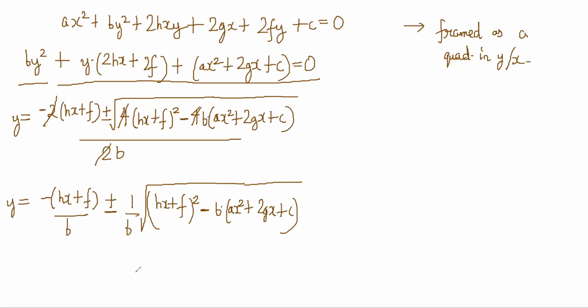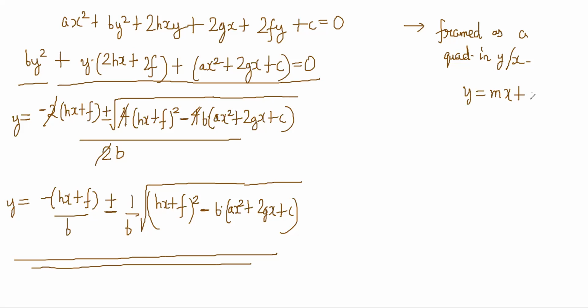Now look at this equation for a moment and think about when it will be a straight line equation. Straight line equations generally have a form like this, and what we have in straight line equations is that both the powers are linear.